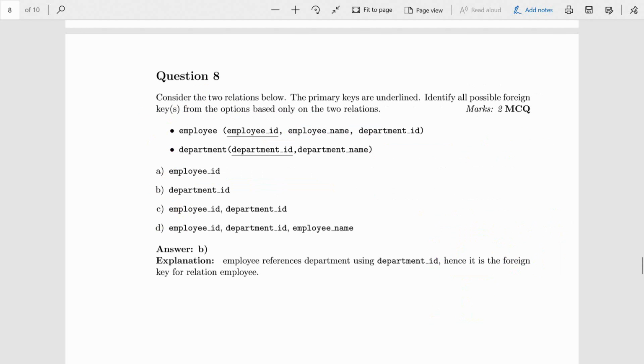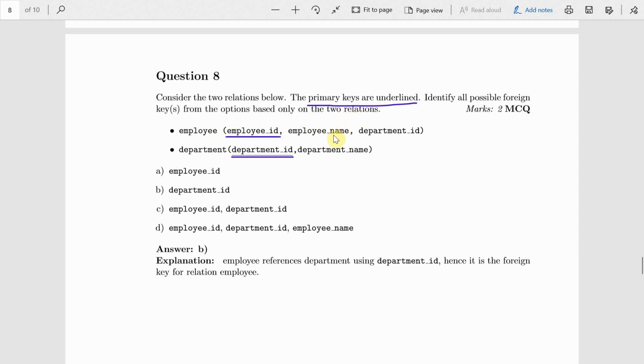Coming to question number 8: consider the two relations below. The primary keys are underlined. The primary key of employee is employee ID, and the primary key of department is department ID. The question is to identify all possible foreign keys based only on the two relations.